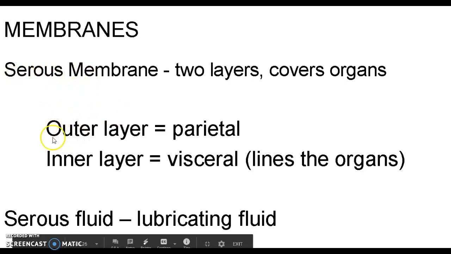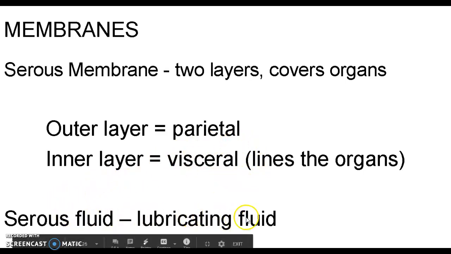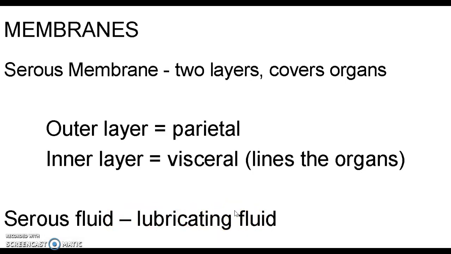If the membrane is on that body wall, it's called parietal. And if it is on those organs, it is called visceral. That word visceral means organs. And these membranes secrete something called serous fluid, which is that lubrication that's going to keep your organs from rubbing against the body wall and keeps them from rubbing against each other.